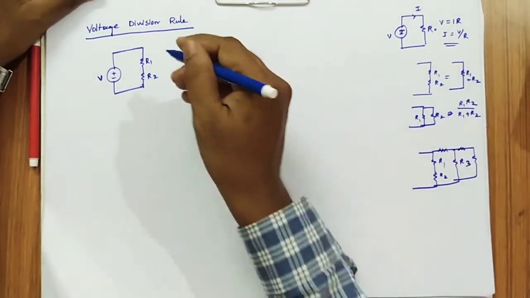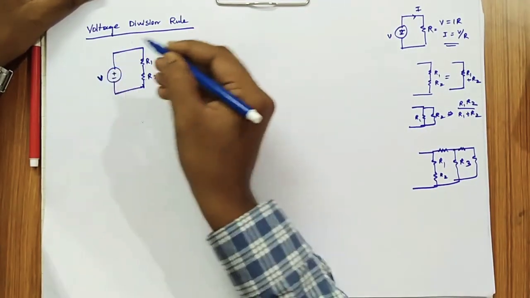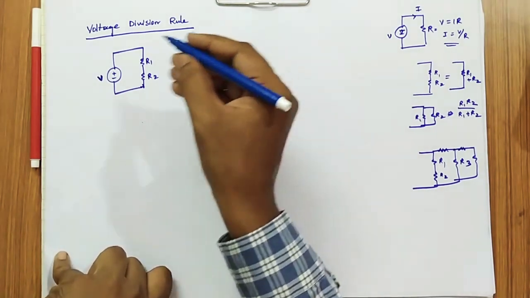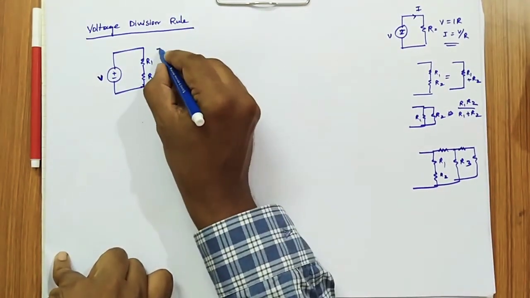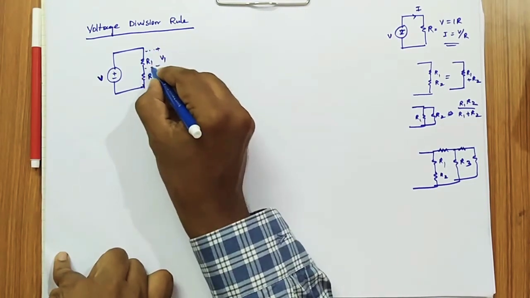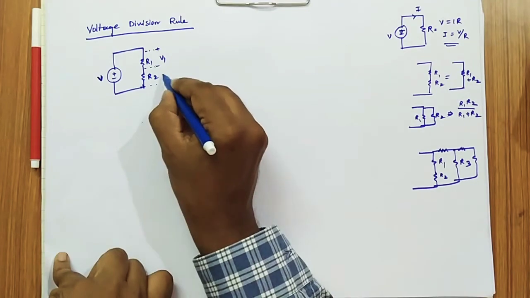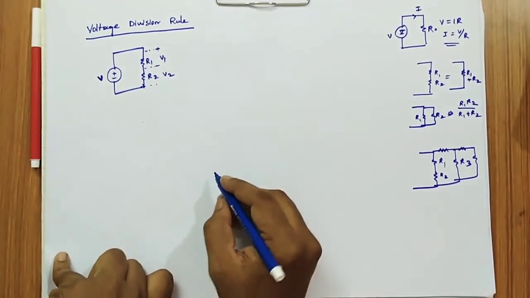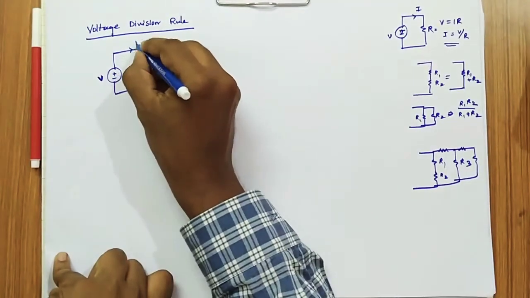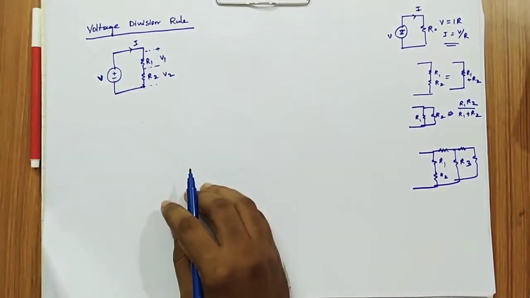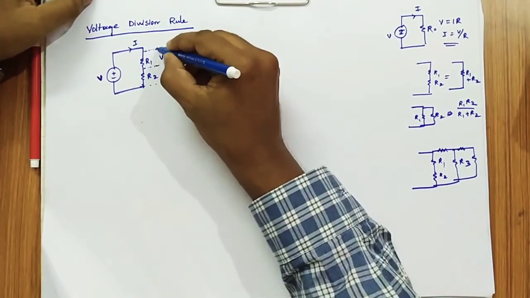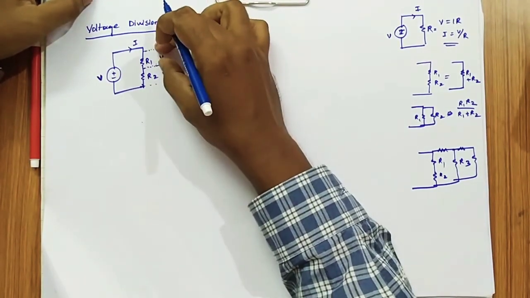Primarily, the voltage division rule is very important to observe here. If you want to find the voltage across a resistor R1, that is V1, or the voltage across resistance R2. At this junction, a basic thing is that voltage is always measured across an element.